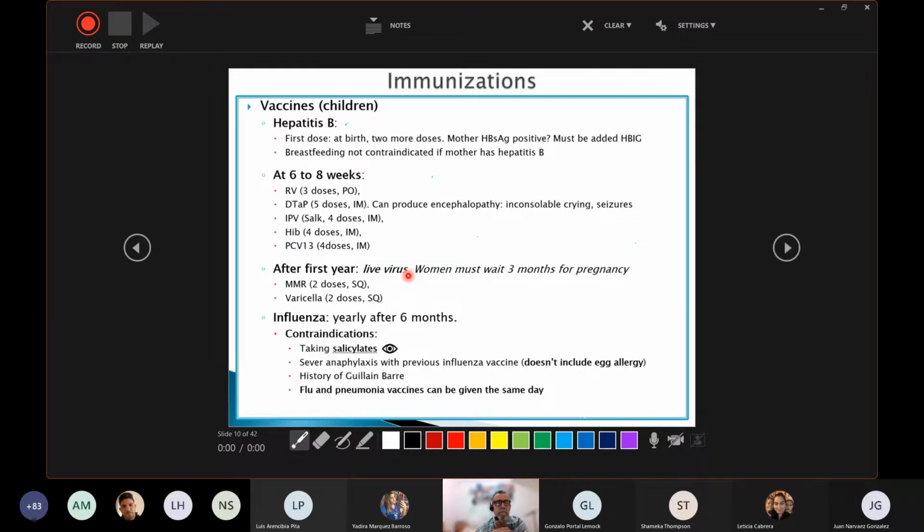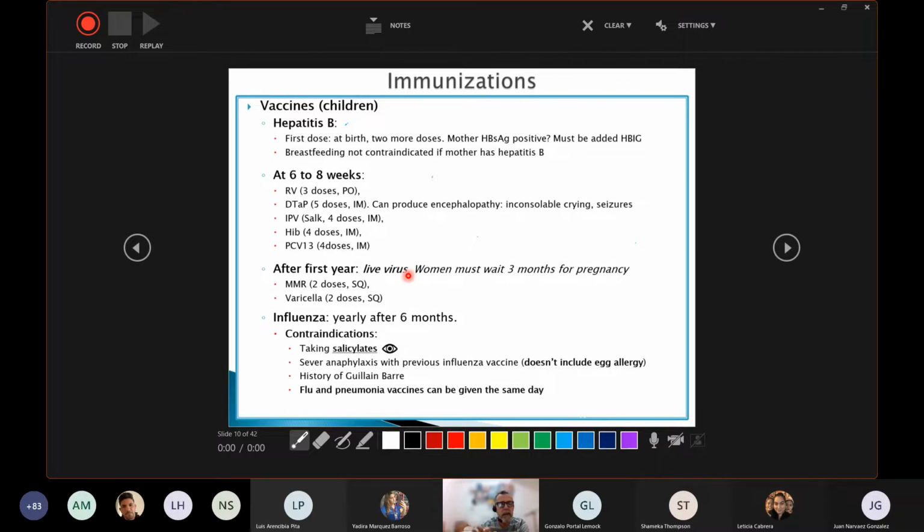be given before 1 year, because in the first year of life, the baby has antibodies passed from the mother, who is an adult and immune competent and has immunity against those diseases. So if you give the live viral vaccine, the virus needs to be alive to produce immunity. If the virus is dead, the vaccine is going to be like water.